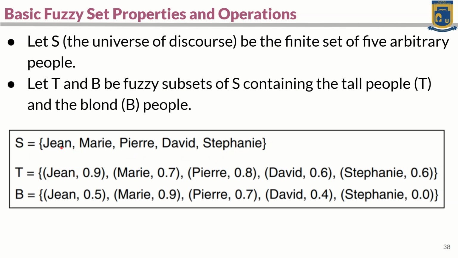This is the subset we are going to talk about. If you take John, when you talk about degree of tallness, John is 90% tall, Marie is 70% tall, Thierry is 80%, David is 60%, and Stephanie 60%.